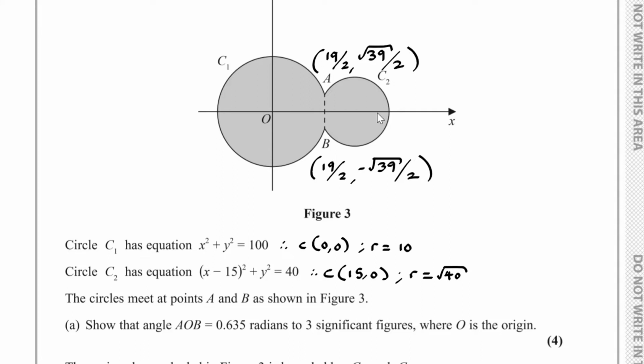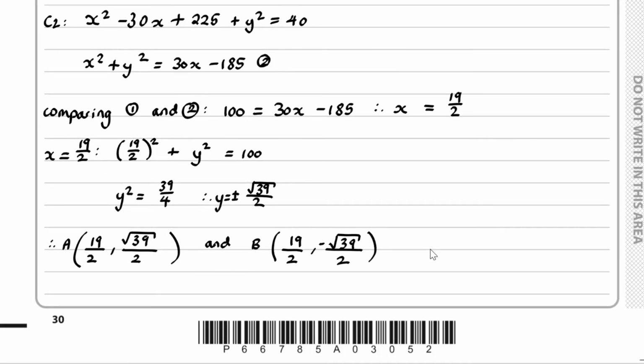Therefore, in terms of the diagram, the length AB will be root 39. The reason for that is that the x coordinates are the same, so the difference between the heights is root 39 over 2 minus minus root 39 over 2, which is root 39. So here, AB is equal to root 39 units.